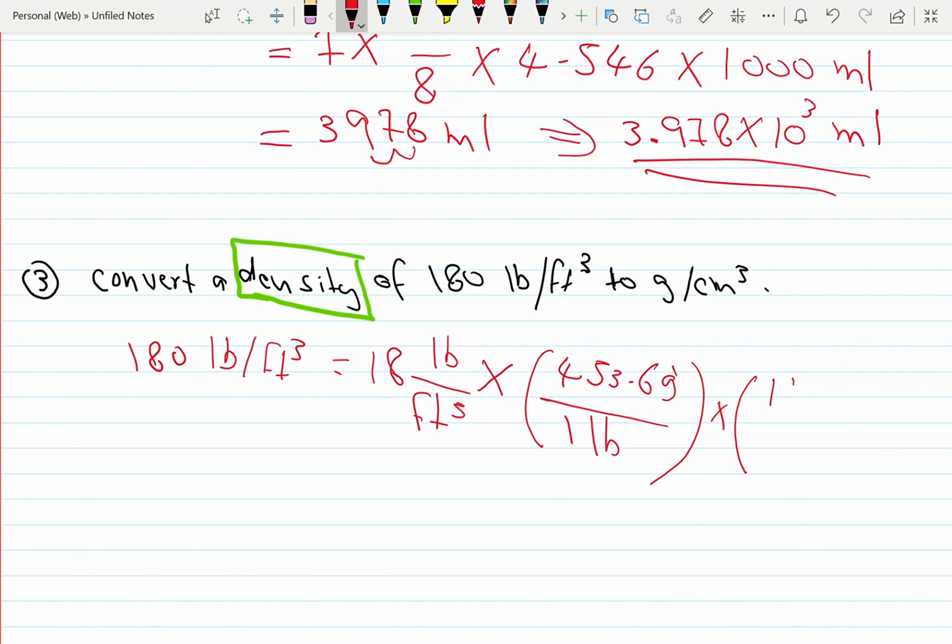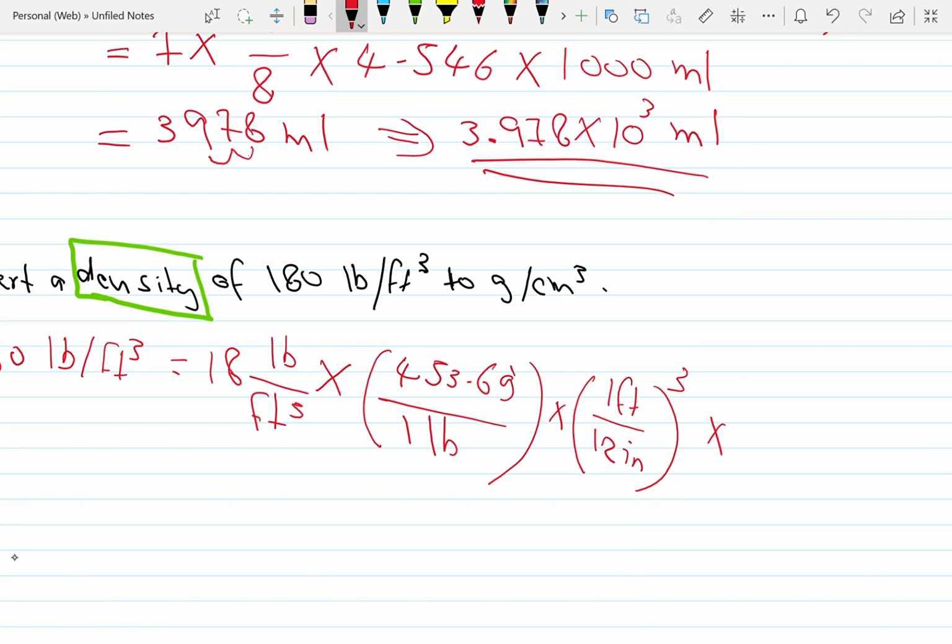We know that in 1 foot we have 12 inches. Okay, remember the cube, and here, okay, times, let me move a little bit this way, times, okay, in 1 inch, how many centimeter we have? 2.54 centimeter, cubed also, all of it cubed.